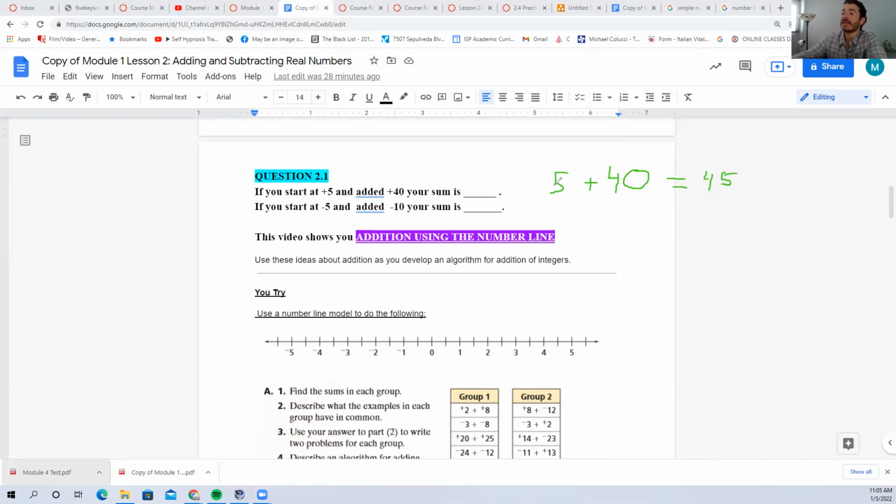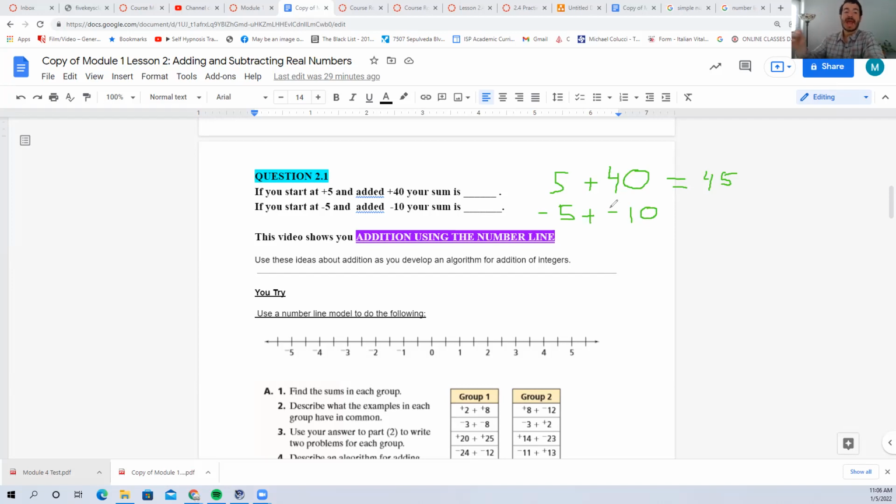If you start at -5 and added -10, your sum is, well, is this a party or a war would be my question. Well, it's a party because they're both negative numbers.